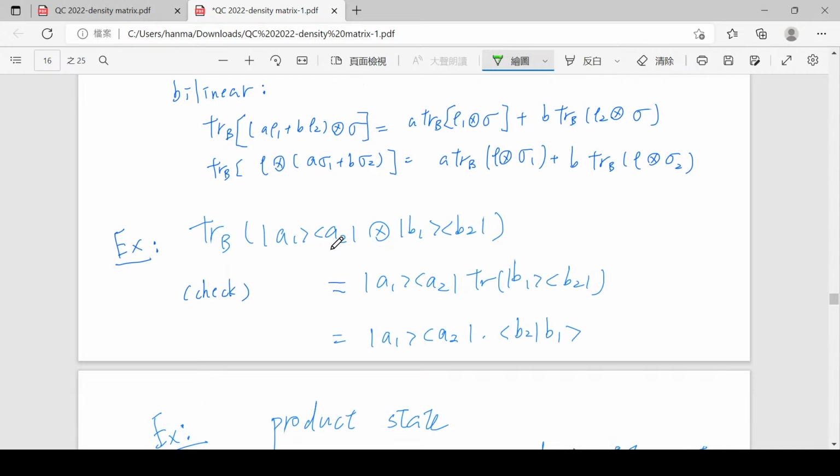And because of the cyclic property of the trace, the traced B part is just <B2| times |B1>, and this is the inner product between B2 and B1.